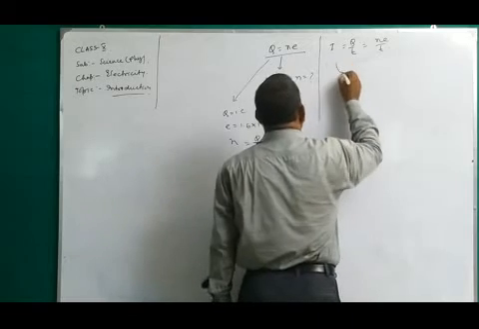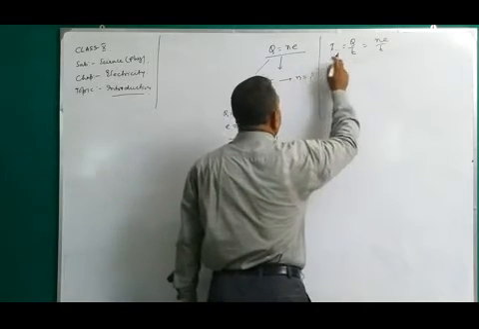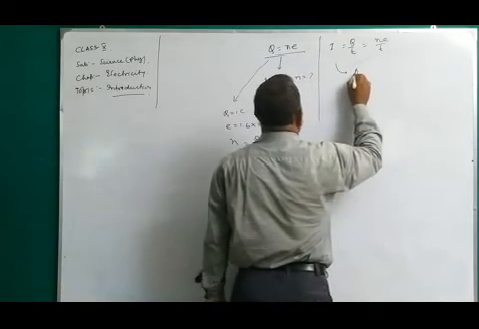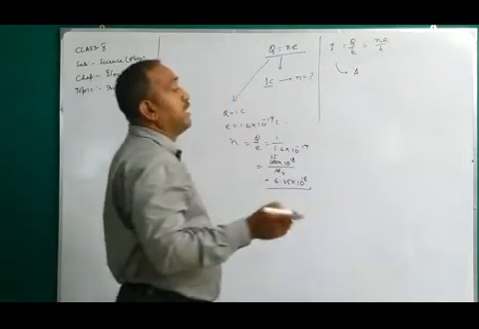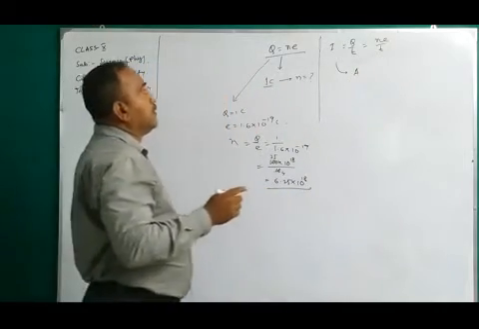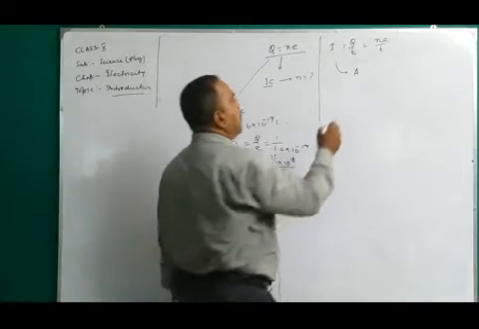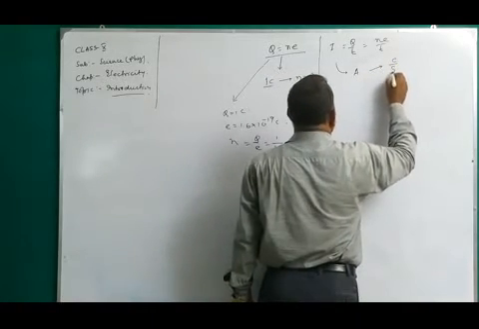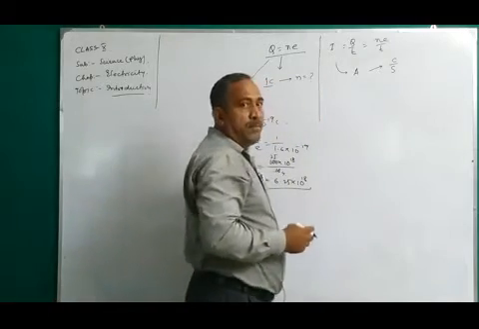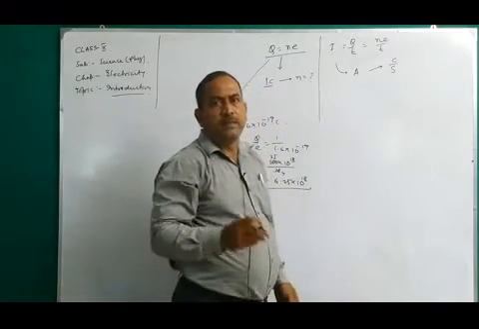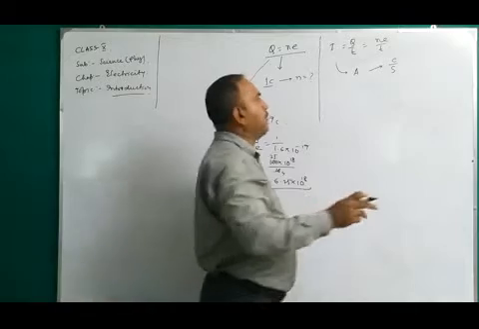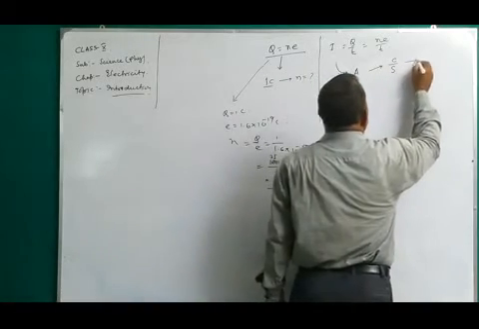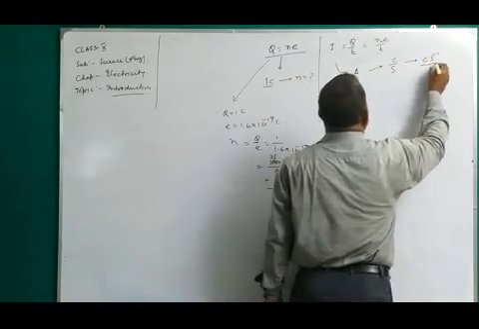What is the unit of current? The unit of current is ampere, denoted by the letter A. When will it be the ampere? Coulomb per second is the ampere, that means C s to the power minus 1.